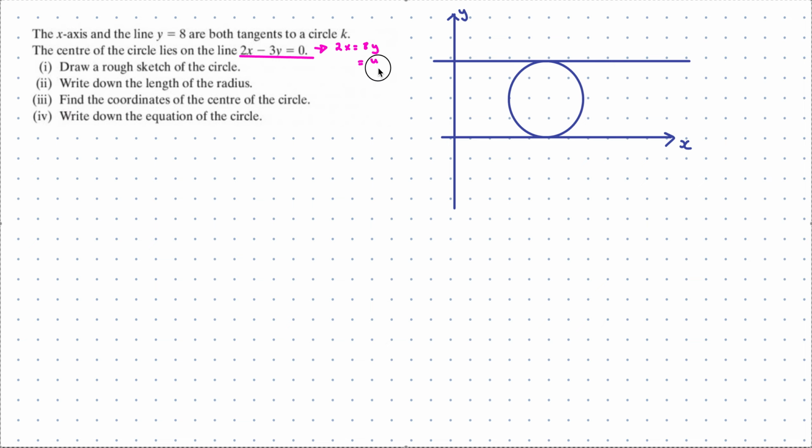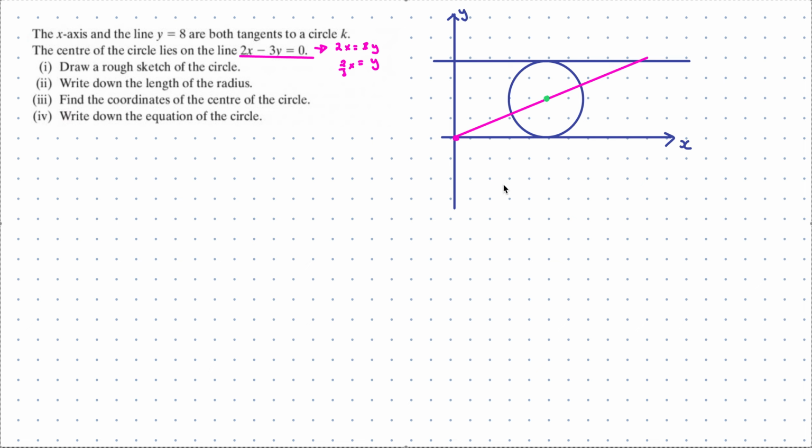Then I would divide both sides by 3, and I would have y equals 2 over 3x. It's going to pass through 0, 0 because its y-intercept is 0, and it'll have a slope of 2 over 3. So something along those lines is what we're looking at for where the centre is. So the centre will ultimately lie along there.